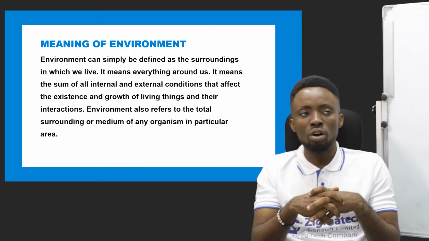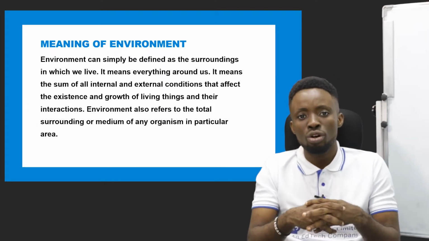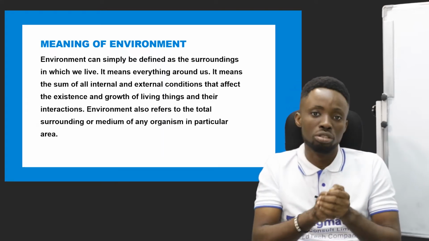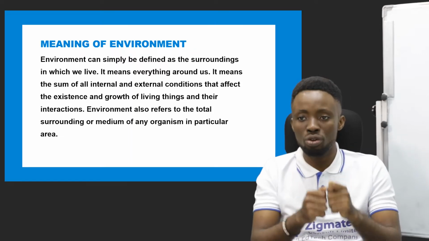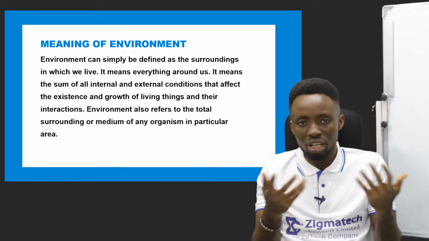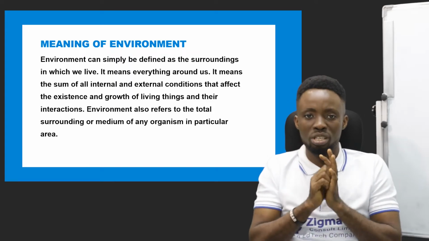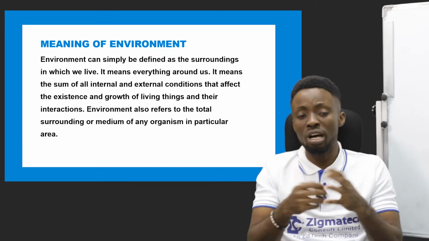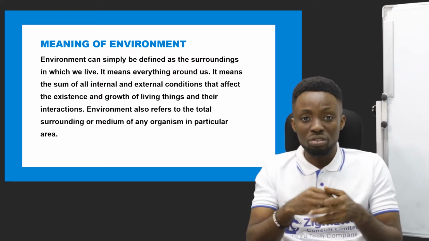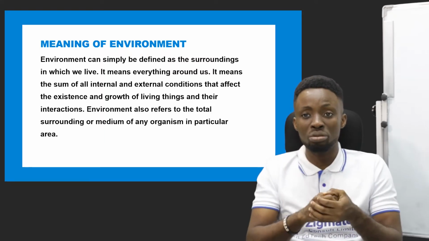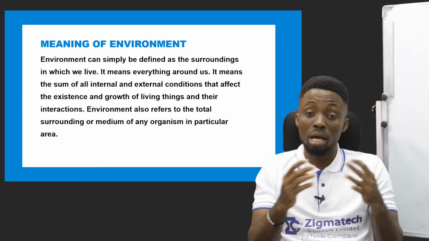So we can as well see environment as the totality of surrounding conditions, or you can also put it as the total surrounding or medium of any organism in a particular area. So if you look around you, around your house, around your neighborhood, around your state, what you see around you is your environment.